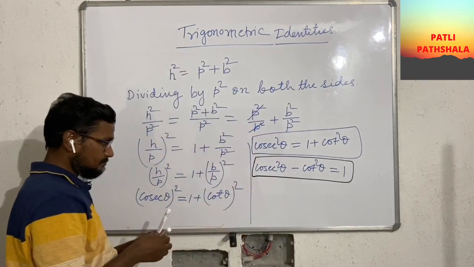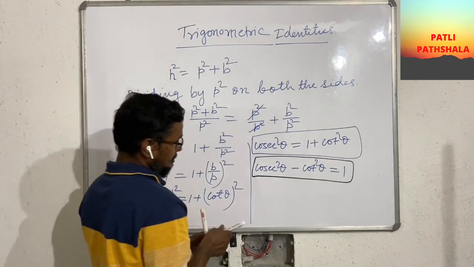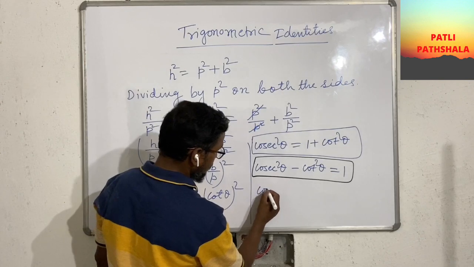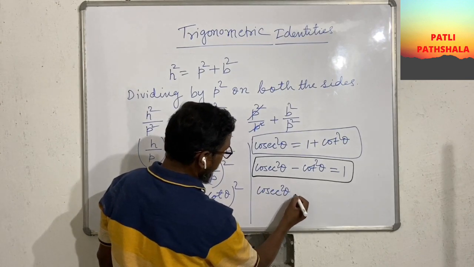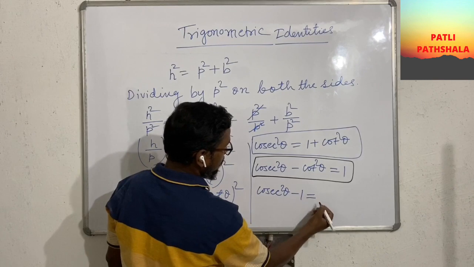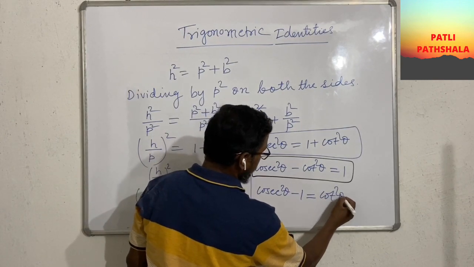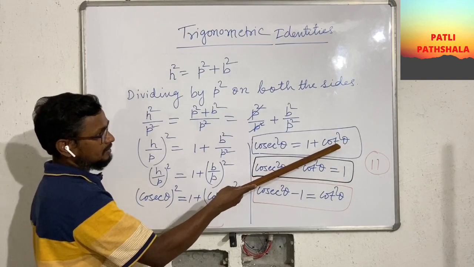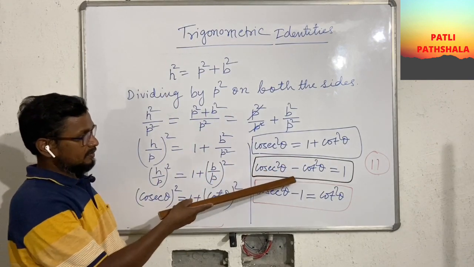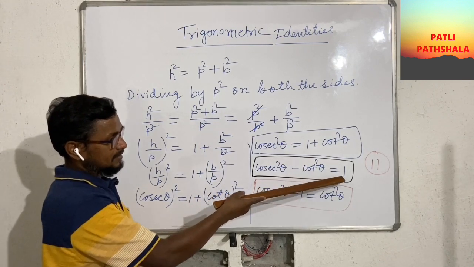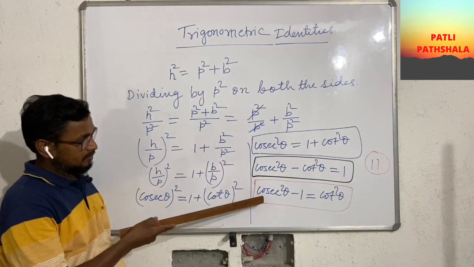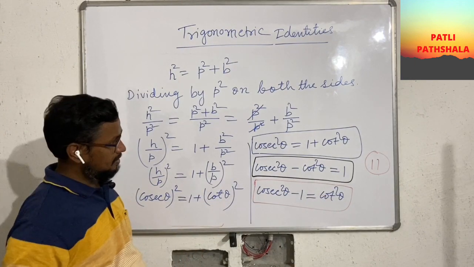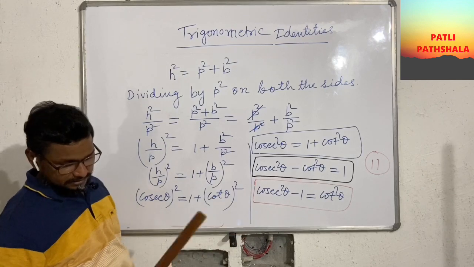Now next, if we take 1 this side, this relation will be cosec square theta minus 1 is equal to cot square theta. So from there, cosec square theta is equal to 1 plus cot square theta, cosec square theta minus cot square theta is equal to 1, and cosec square theta minus 1 is equal to cot square theta. So this is another set of identities.